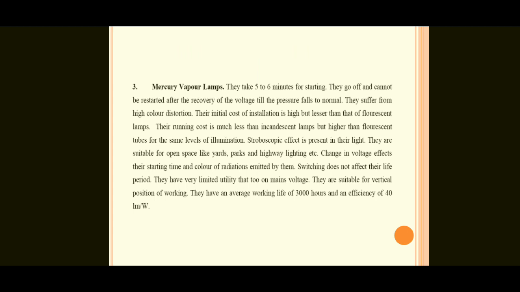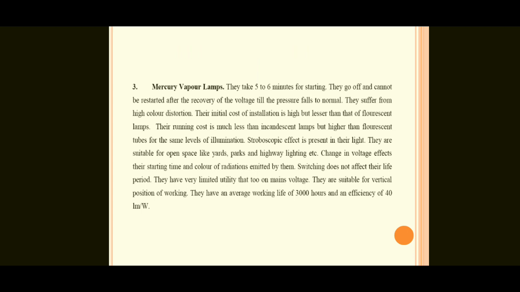The running cost is much lesser than incandescent lamps, as the running cost is very high in incandescent lamps. The running cost is much lesser than incandescent lamps, but higher than fluorescent tubes for the same levels of illumination.